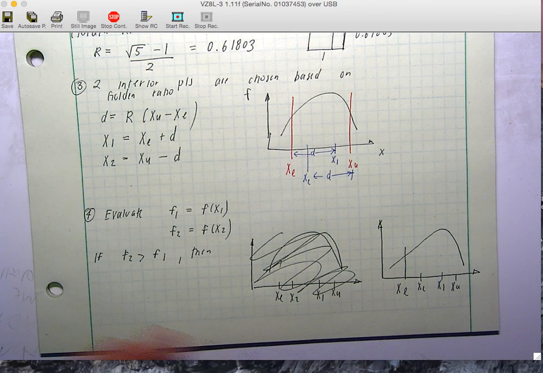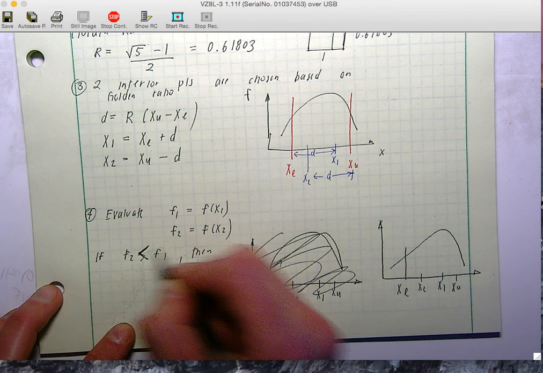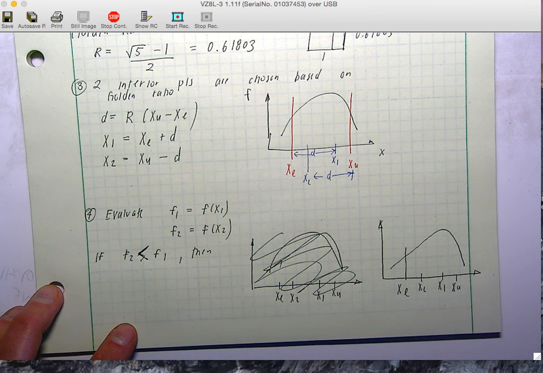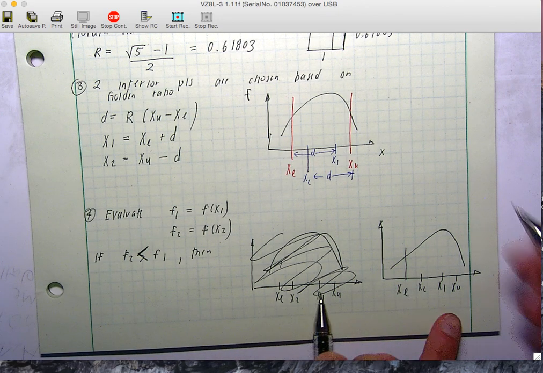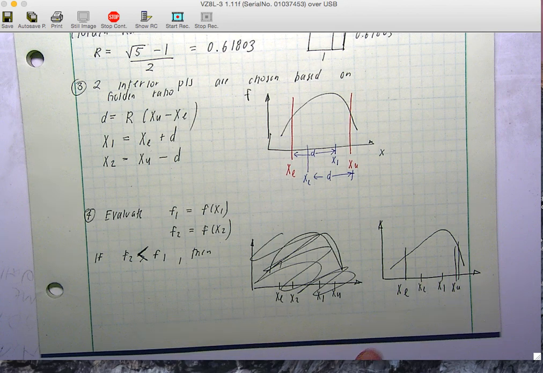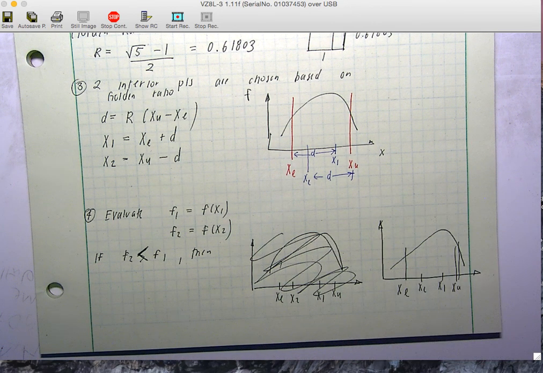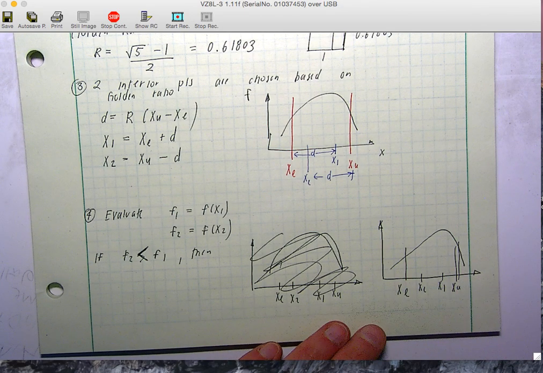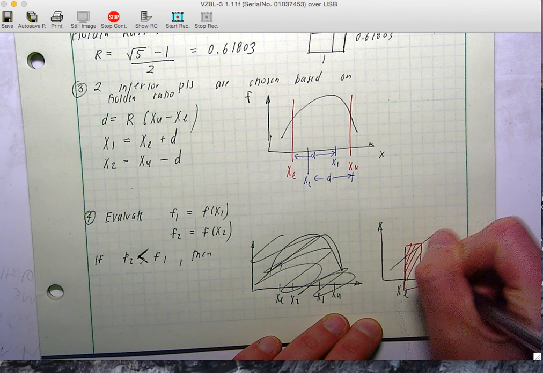So in this case, you have your f1 greater than your f2, right? So you can see from the image of those function values, if f2 is less than f1, then you can take this region right here and you can remove it, right?